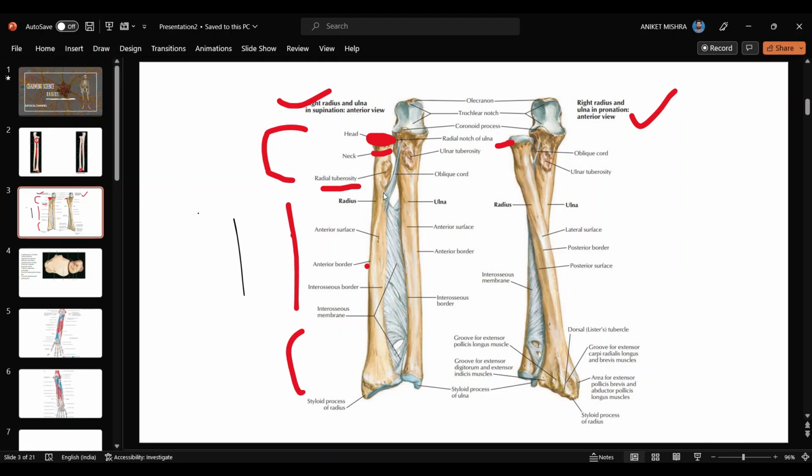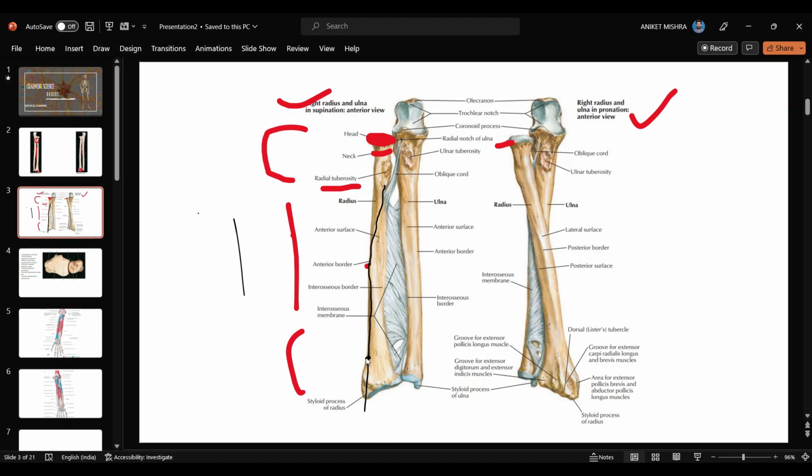So the anterior border is the line that starts from the radial tuberosity. It extends from the anterior margin of the radial tuberosity towards the styloid process.